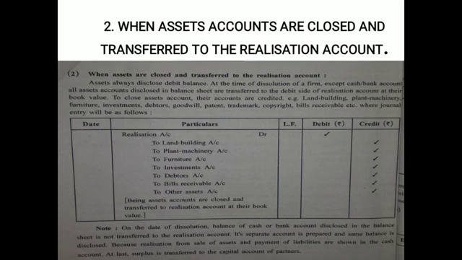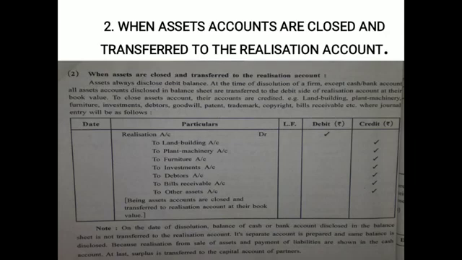But before that, you need to close the assets accounts. You'll have to close down the accounts of all the assets and transfer them to the realization account. So let us see what is the journal entry for that. Once you close down these accounts, only then you can sell them.